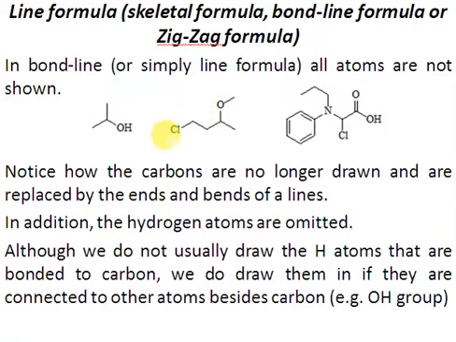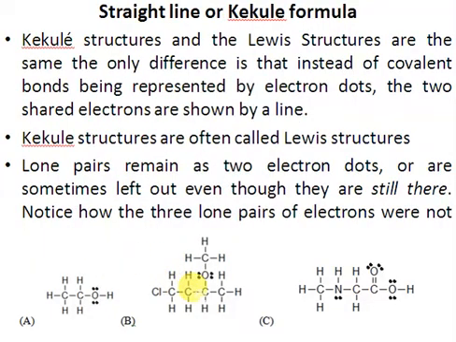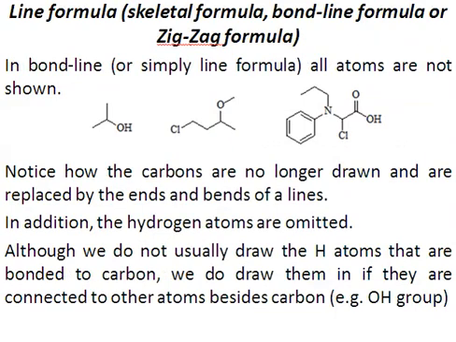The condensed structure is also known as straight line formula, because all structures are presented in the form of straight lines. But these line formulas are presented in a zigzag manner. That's why they are also known as zigzag formula, bond line formula, skeletal formula, or simple line formula.